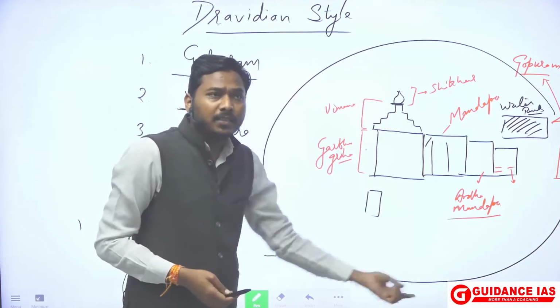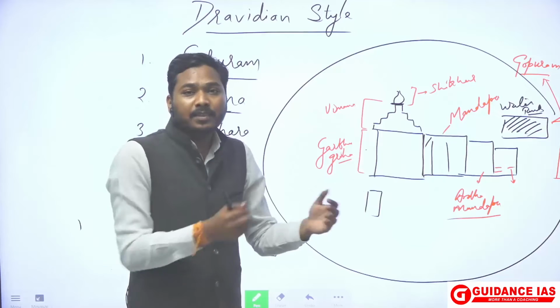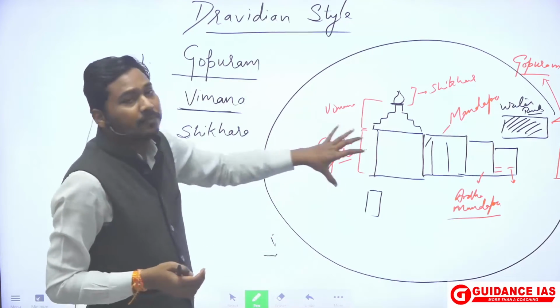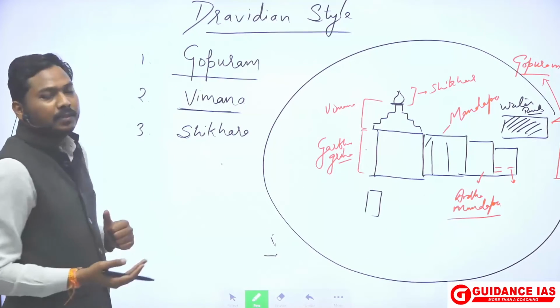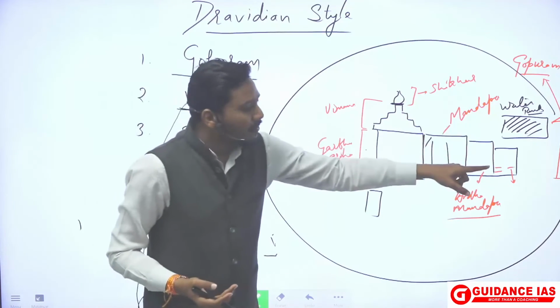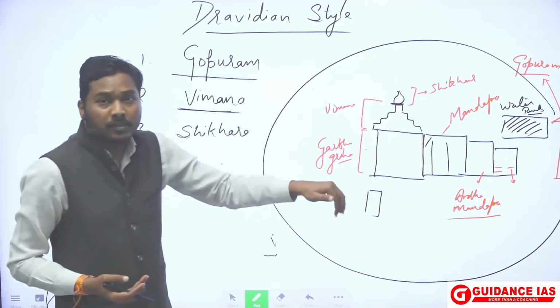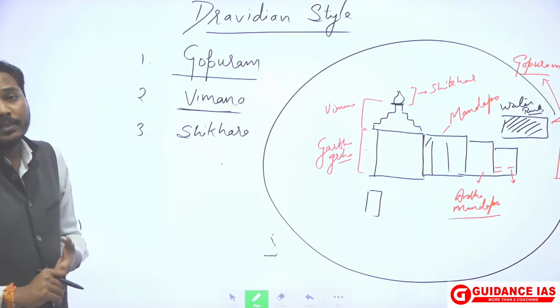Sometimes within the temple premises complex there are multiple temples having subsidiary deities. So that is about the Dravidian style. Clear? So we have discussed the main features. You can draw this in your notebook to clearly understand the difference. Clear? So that is the Dravidian style.